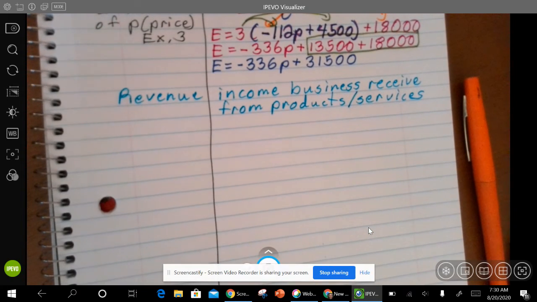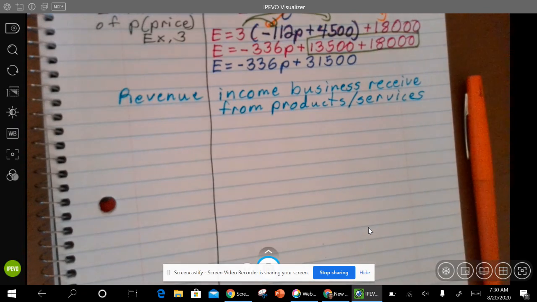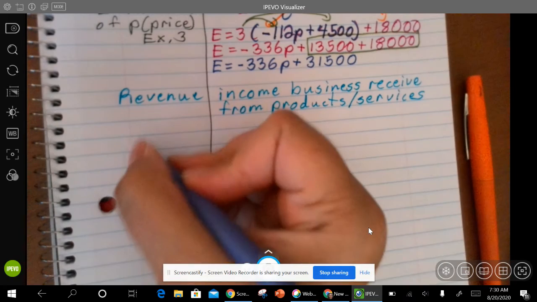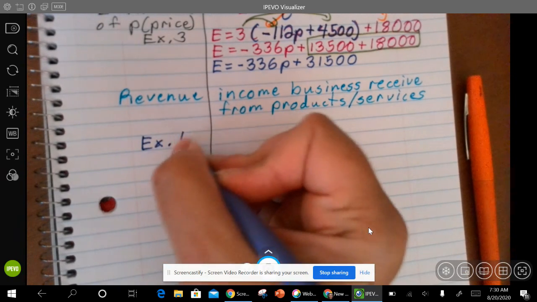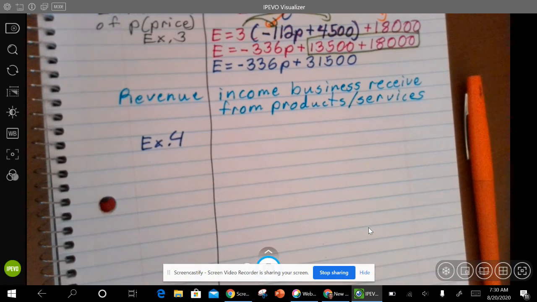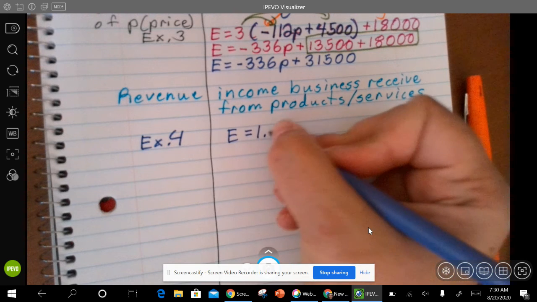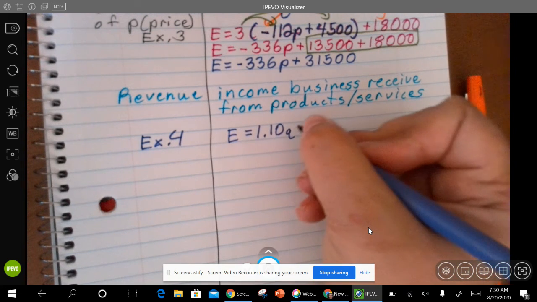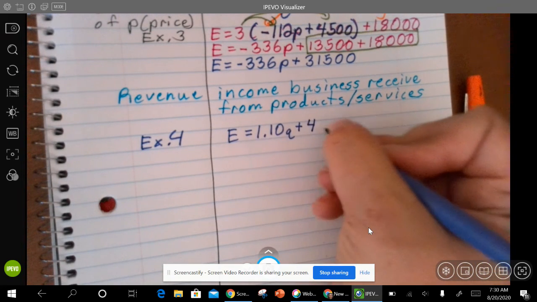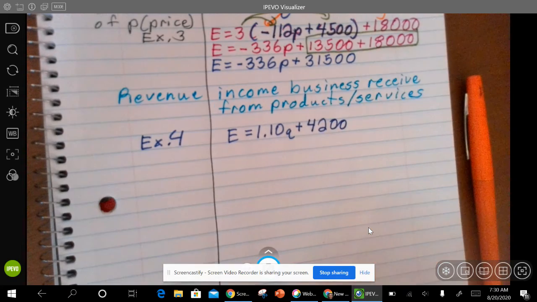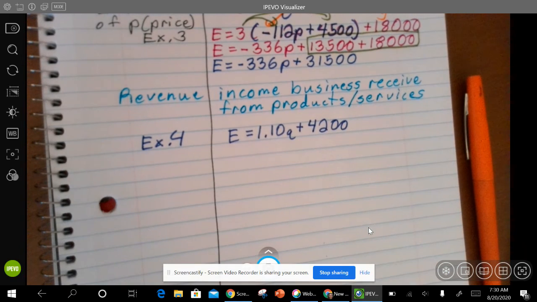Okay, so on this one, everybody, this is for number 4. So they give us our expense equation. It's $1.10 times the quantity plus 4,200. Okay, so that's our expense equation in terms of quantity.